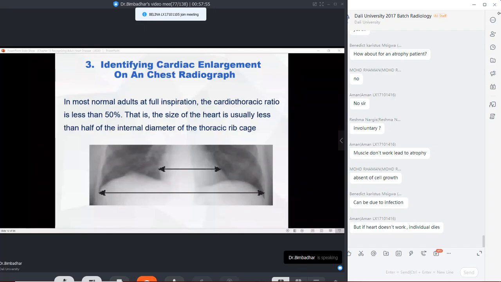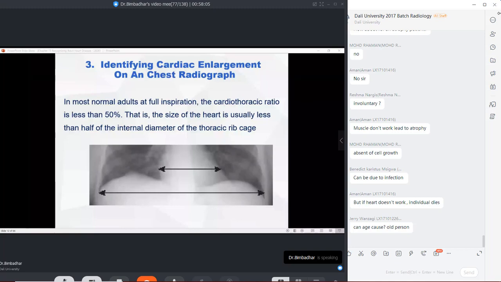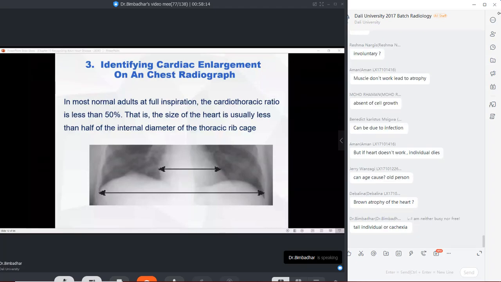yes, there is one kind of condition seen in tall individuals or atrophied thoracic cachexia patients. Okay, cachexia. Those patients, yes. See, brown atrophy of the heart is entirely different from this one. Brown atrophy is not atrophy of the heart as a whole. Yes, you are correct, Jabalina.